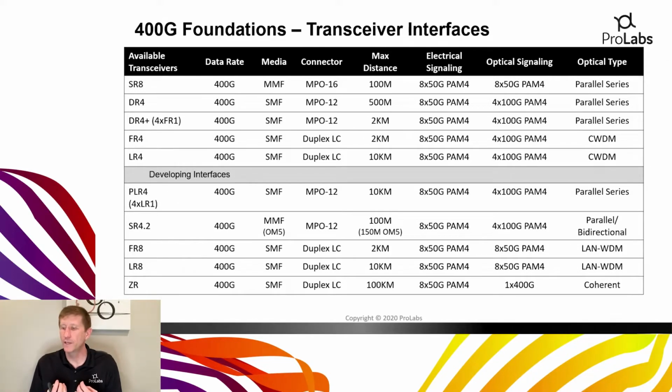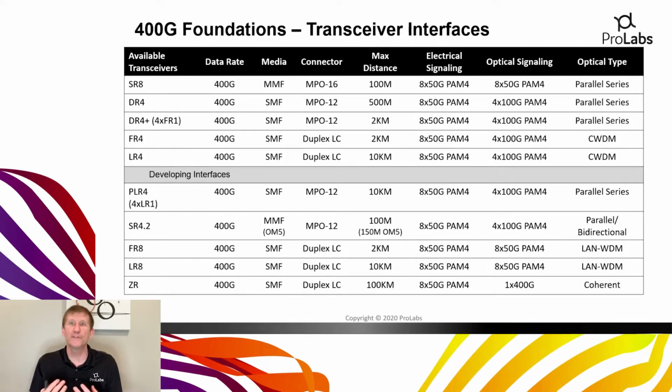Now, where things get interesting here is with the FR4 and LR4. These use duplex LCs, and again, these are still 4x100 optical on the PAM4 side, but these multiplex those 4 lanes onto the single fiber for their connection. All these transceivers are 8x50 gig PAM4 on the electrical side.